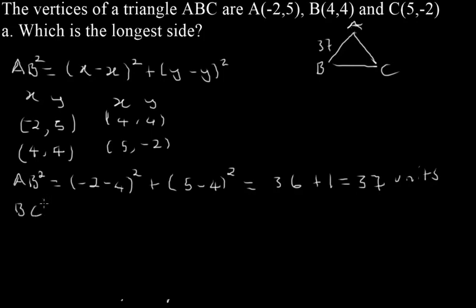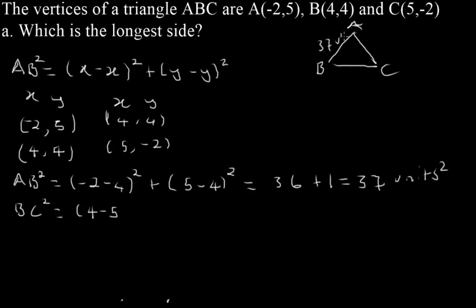BC this time, squared equals, anyways, let's continue. So BC we'll say 4 minus 5. This is unit squared because we still have the squared there. We haven't gotten rid of the squared.